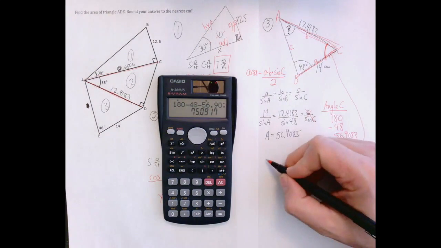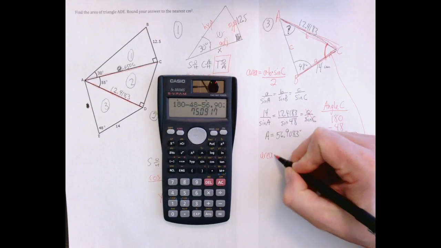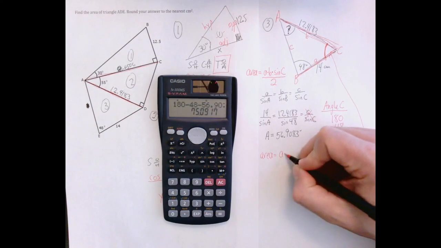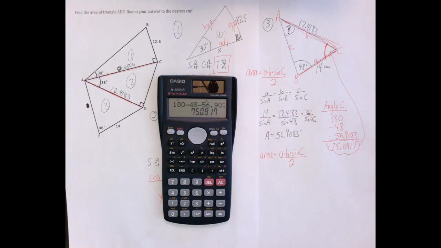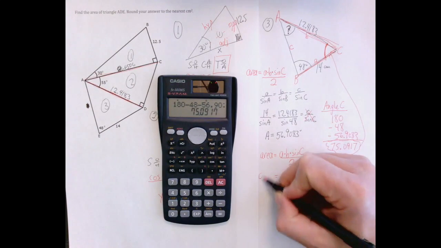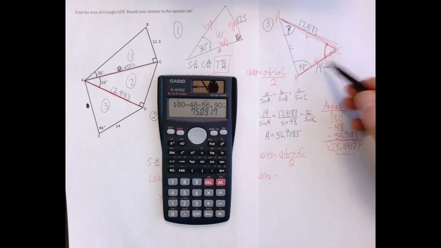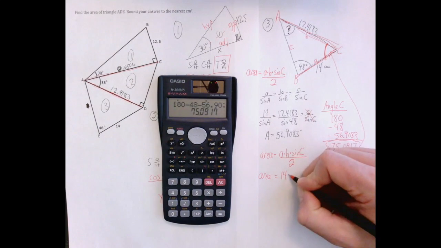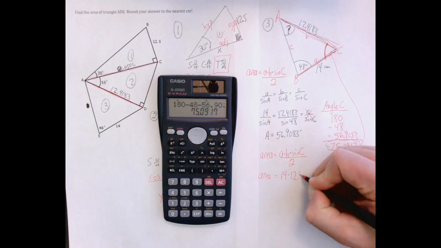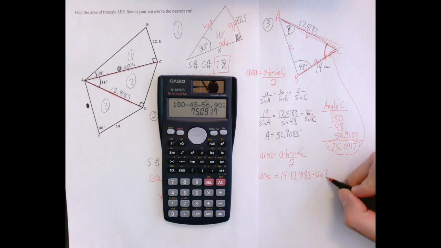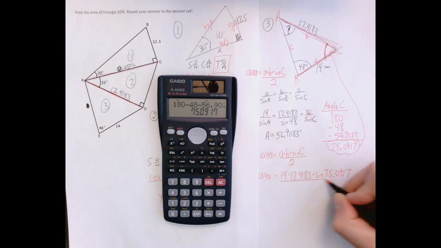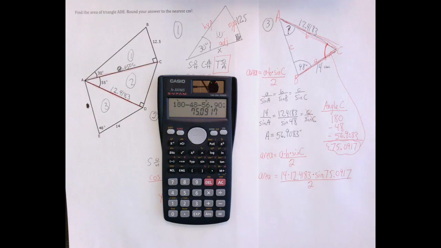So area is a times b times the sine of C divided by 2. And when I fill that in, it looks like this. a is 14 times b, which is 12.4183, times the sine of angle C, which is 75.0917, all divided by 2.